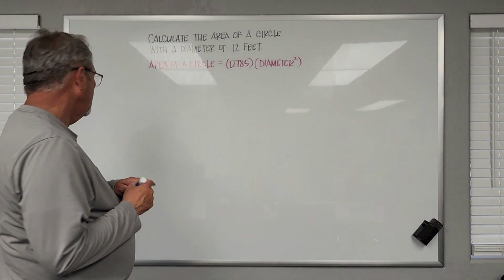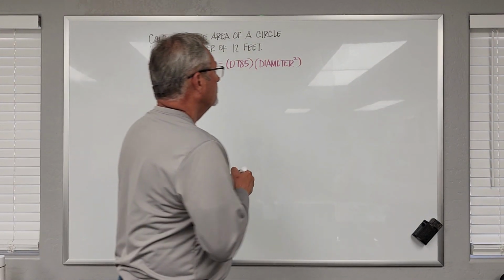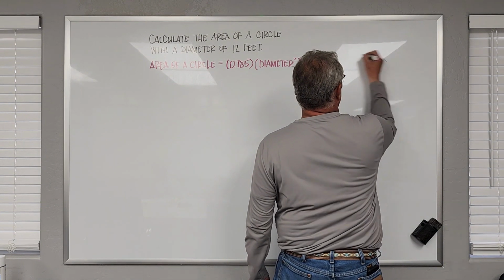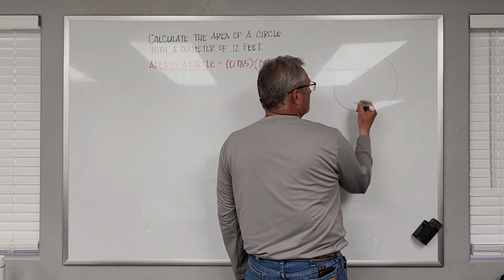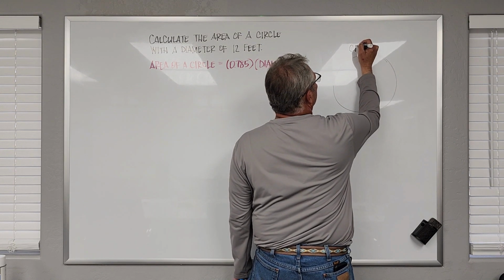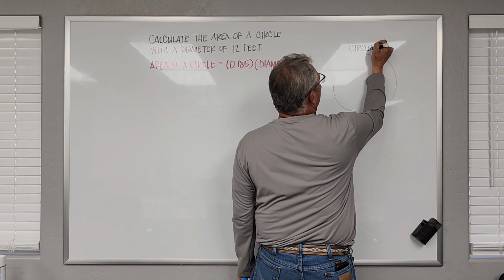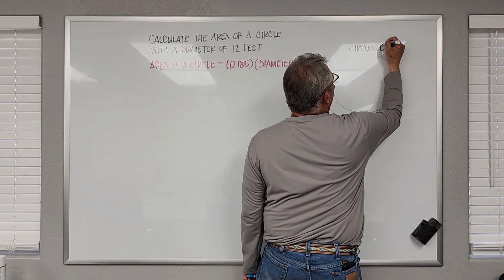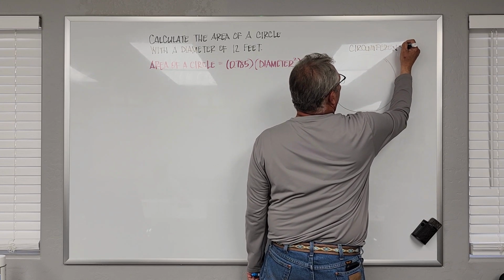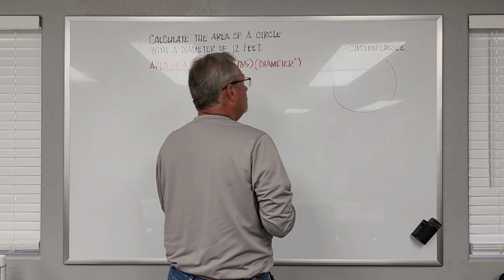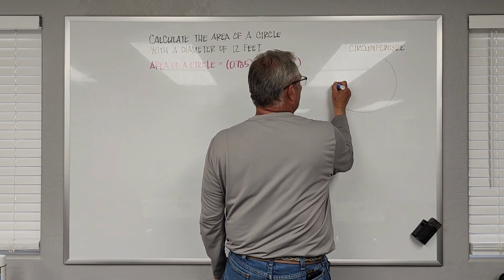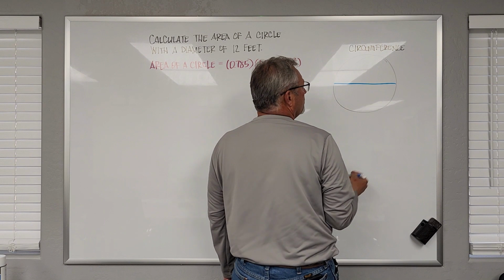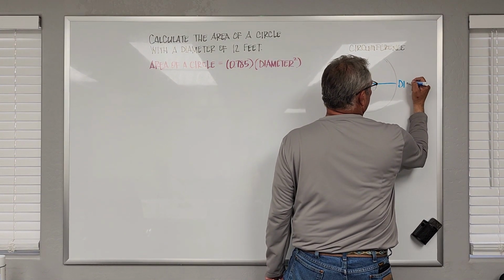Now, just real quickly, I want to tell you that you have a circle. The outline of the circle is the circumference. When you go all the way across from one end to the other end, this is the diameter.